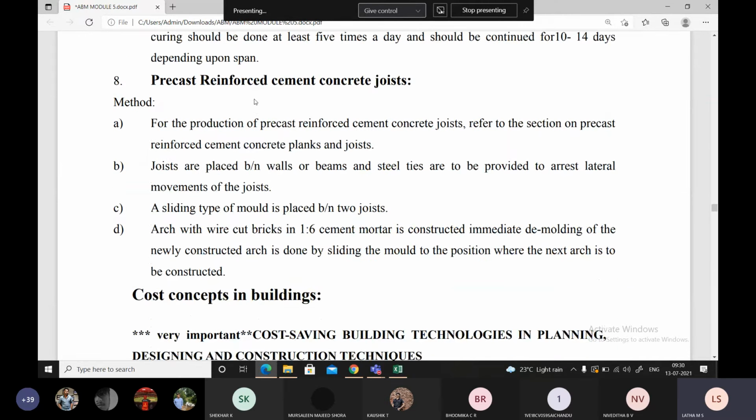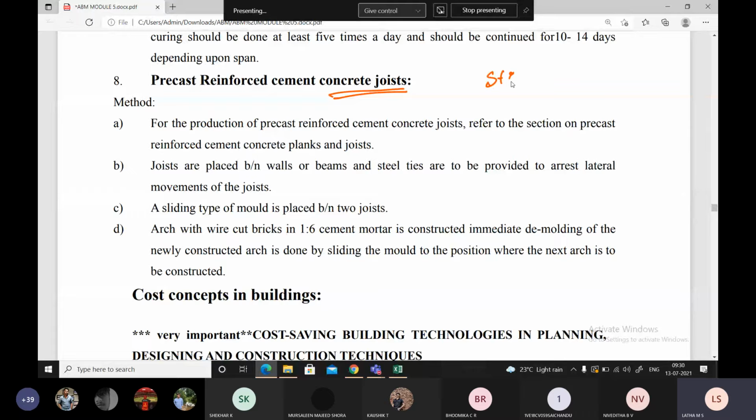Then we find precast reinforced cement concrete joist. You understand joist, students? Yes or no? There are sections similar to your I sections, T sections and all that. Steel sections, you find steel sections, right?